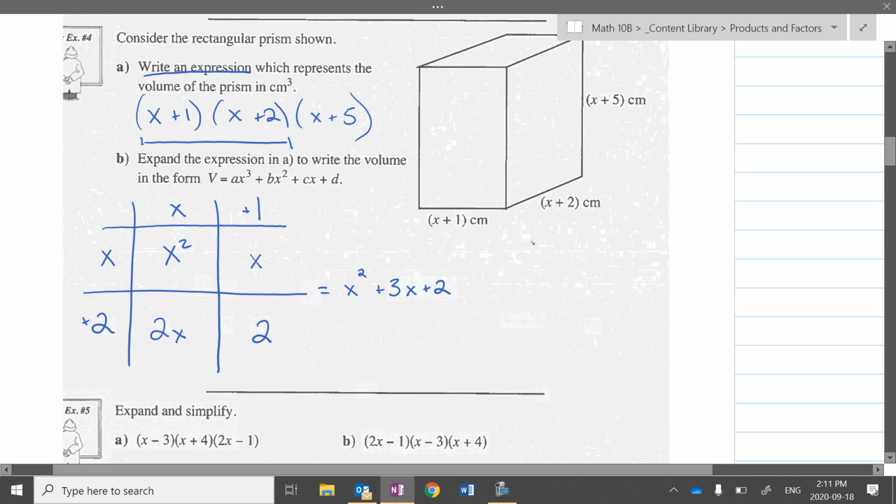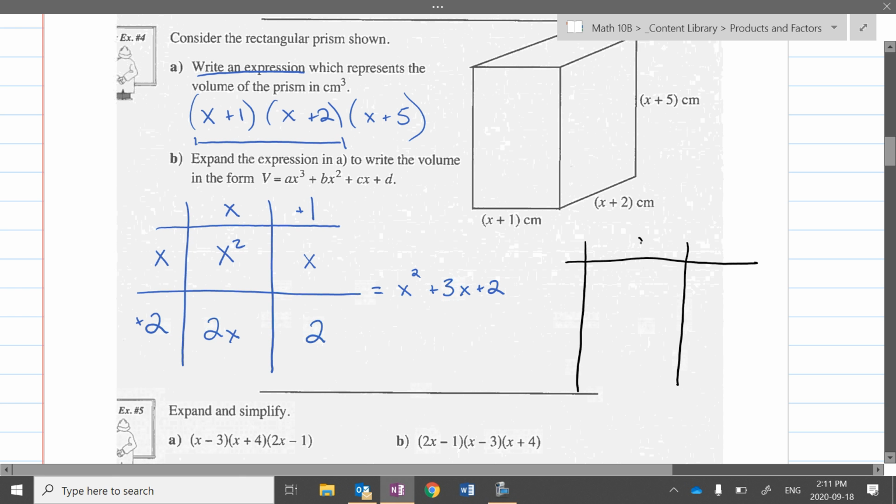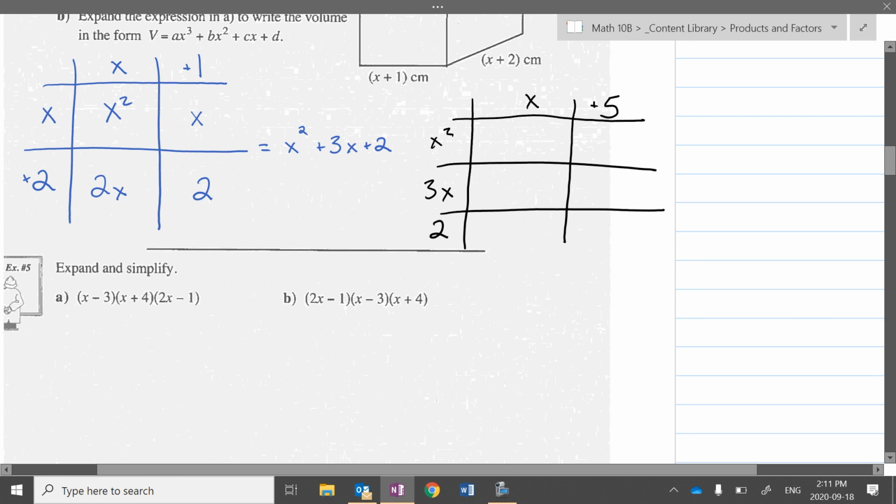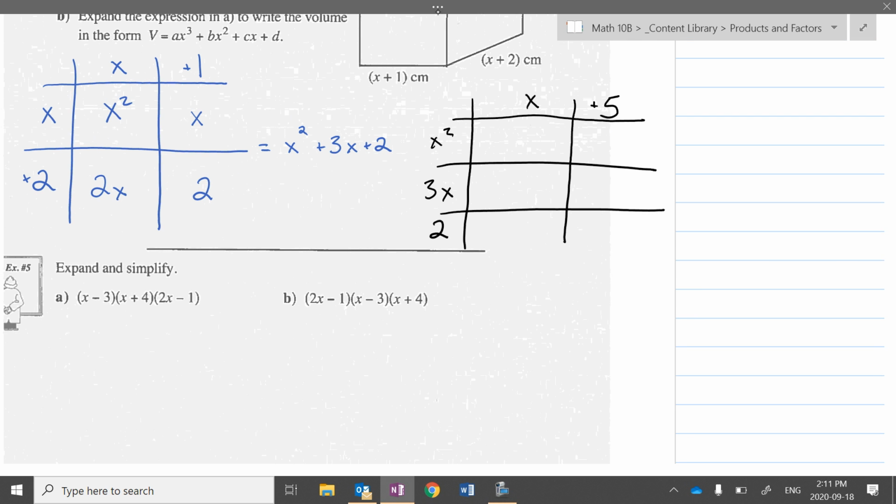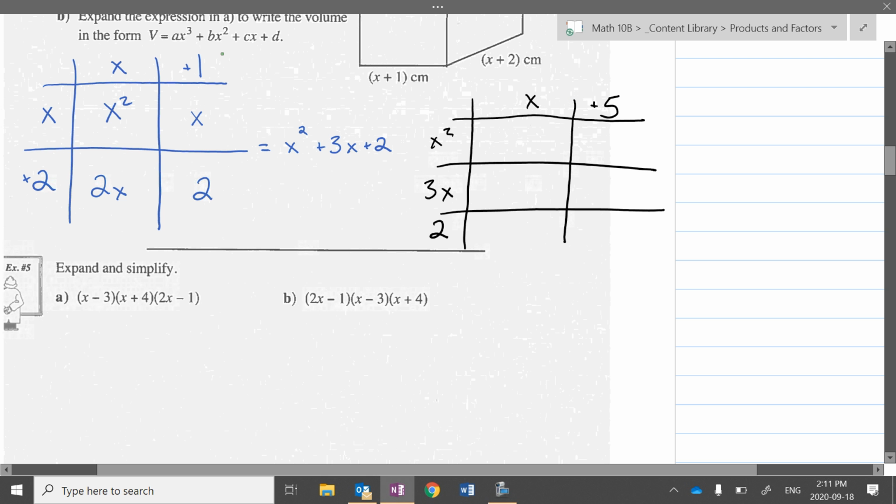So now I'm going to use the side I didn't use, so x plus 5. And then my trinomial is going to go on my other side here. X times x squared gives me x cubed.